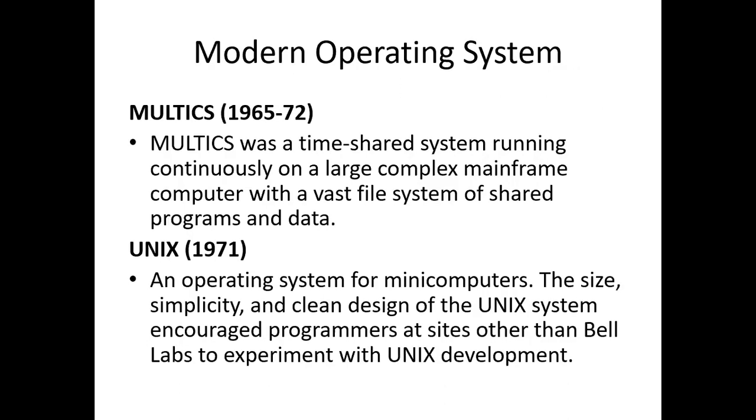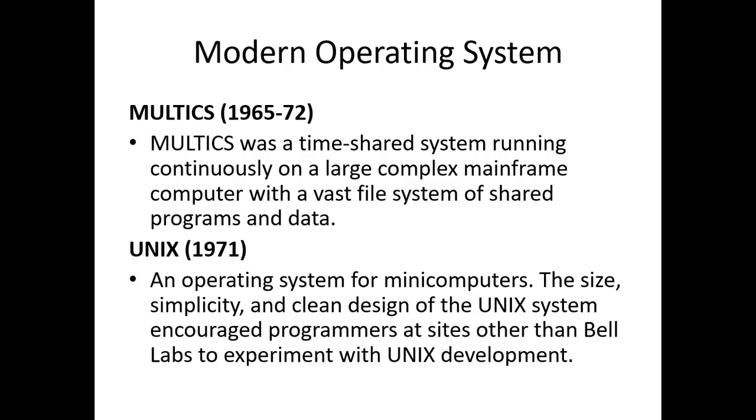Now, when we are looking at the modern or newer operating systems, remember, firstly, we did not have an operating system, and then we started with batch processing. That was our first operating system. But when it comes to modern operating systems, we have the Multics operating system. Multics was a time sharing system running continuously on a large, complex mainframe computer.